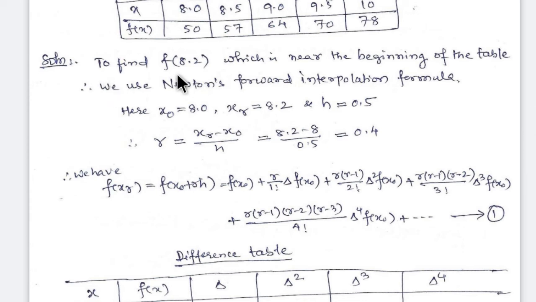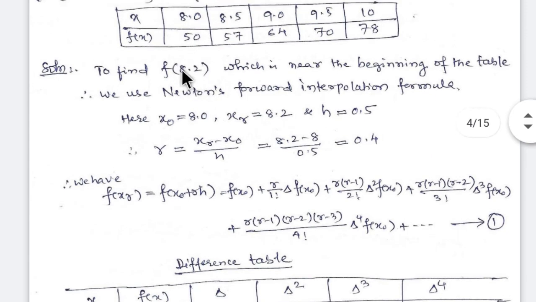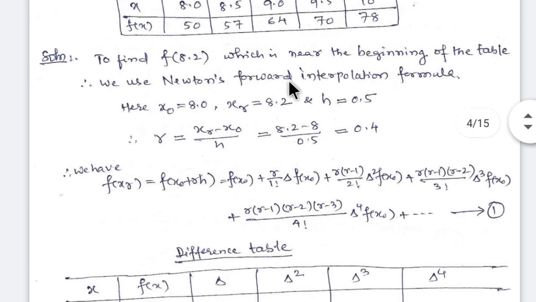To find f of 8.2, which is near the beginning of the table, here 8.0 is x naught. After 8.0 we get near the beginning of the table. So therefore we use Newton's forward interpolation formula here.